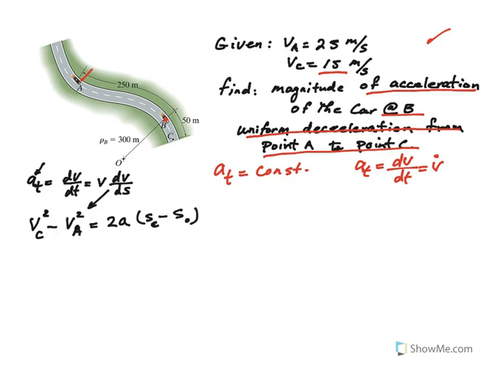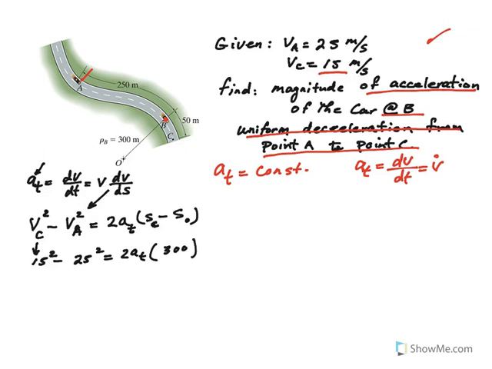Right? So if you go ahead and plug in, and this, by the way, would be a sub t now here. So if you plug in the numbers that you have, velocity of C is 15, velocity of A is 25, right? And what is the total distance traveled from A to C? That is S sub C minus S sub A, which is actually 300 meters, as you could see.